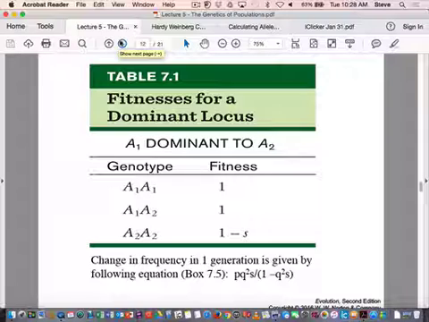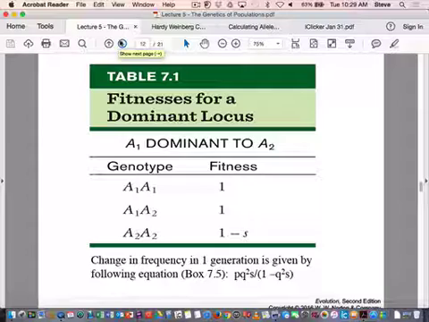I'm not going to ask you to memorize that, okay? Because that's fruitless, and you'll just forget it, right? What we're going to be showing you is the outcomes of this model, and then I'm going to be showing you a kind of cumbersome way to do it through a work problem, and it gives you the same result, but it's a little easier, I think. But this is a simple equation for any kind of selection model, for the most part, that you can use to calculate how much an allele frequency changes over time.